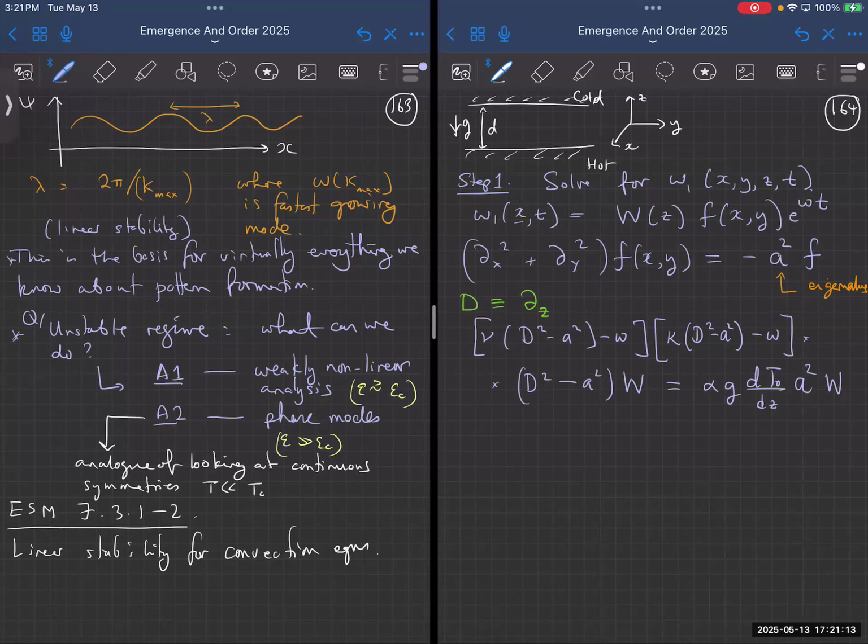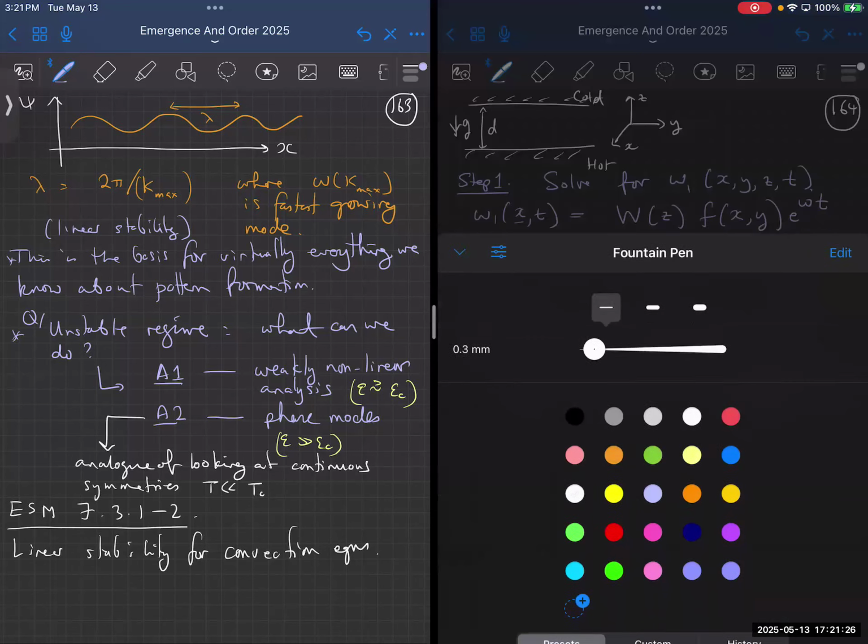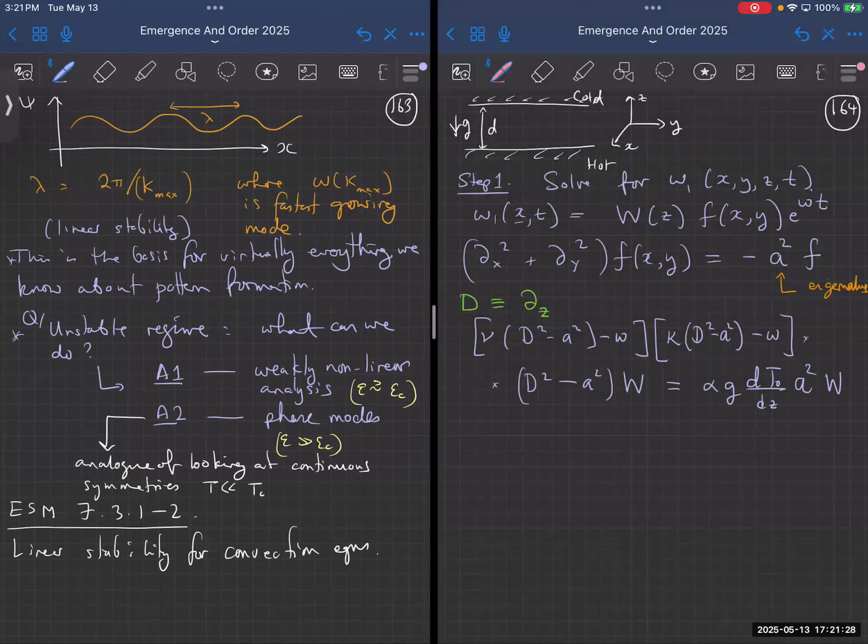So on Thursday I'll start off with the boundary conditions. If you want to know how I derived this equation, you can look in section 7.3.1. It's one page.